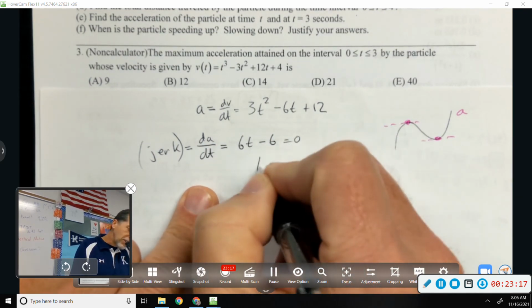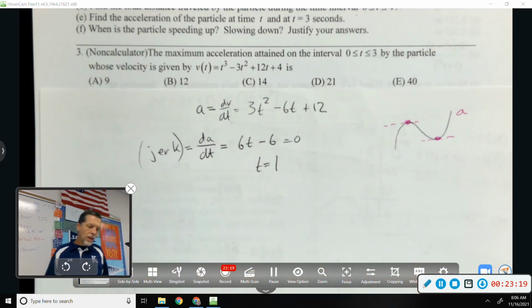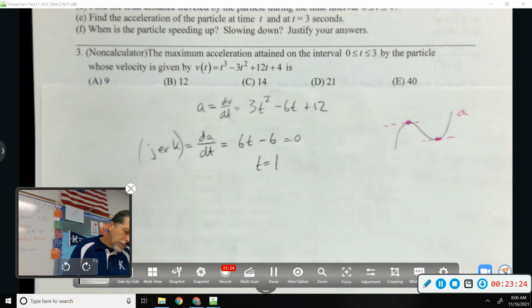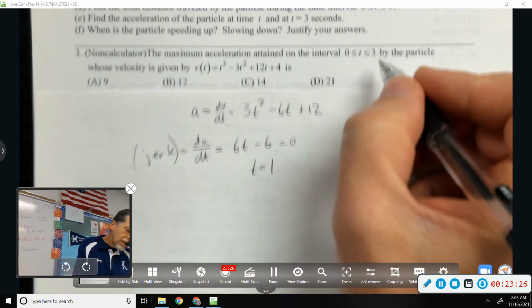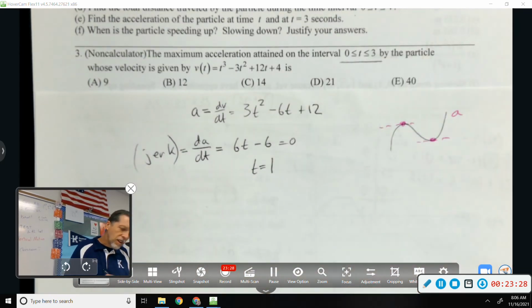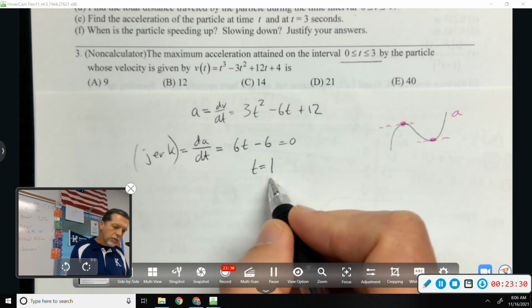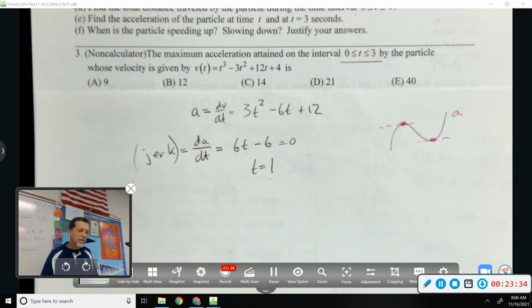So at t equals 1, we think there's a maximum, but on this interval, I don't know if that's a maximum or not. That might be a minimum. So how do I figure out if that's a max or a min? There's sort of 2 answers to this. If what's positive or negative?